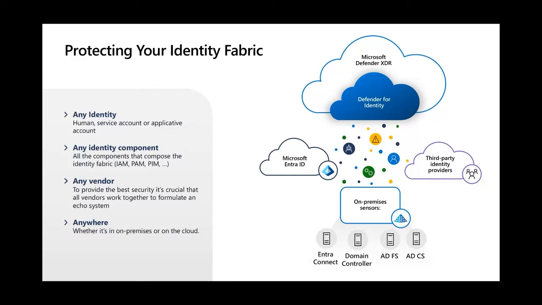We have some detections that we've built for those particular services, and we're looking to expand that capability into the future as well. So looking at other solutions where we can start to bring those in, and that applies to any vendor and anywhere to that context there. So we want to be the identity protection platform for all of your identity fabric.